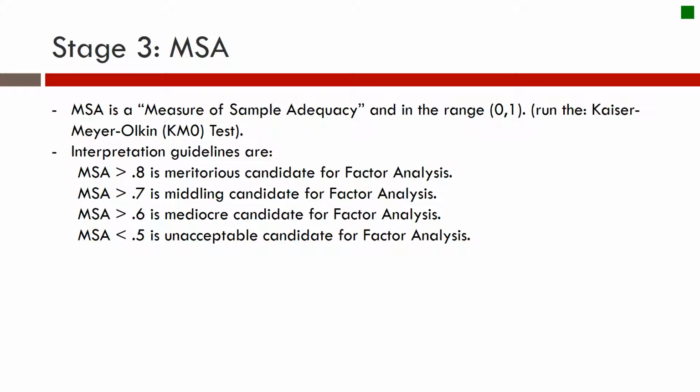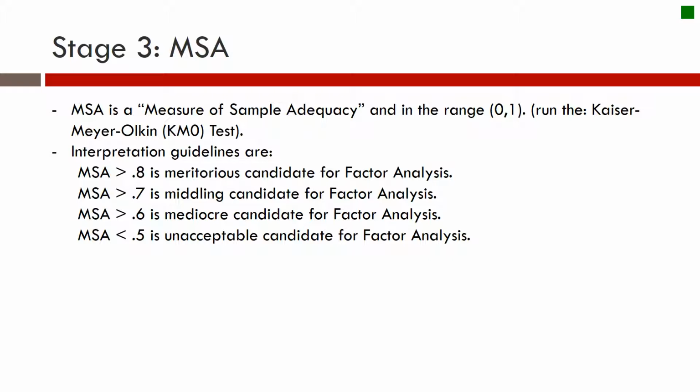Something less than 0.5 would be less desirable. There's actually the M criteria: meritorious, middling, and mediocre. Those are kind of older terms from literature that have been used to describe how well variables would perform in a factor analysis.